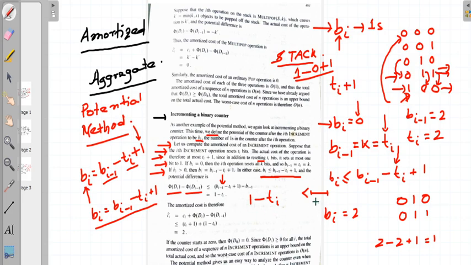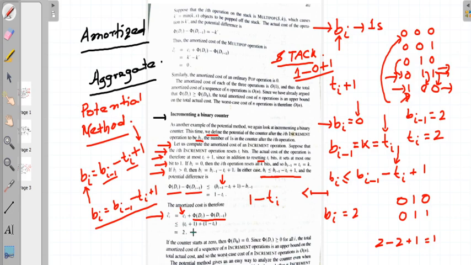Right. So now we know the amortized cost per increment operation. With this formula, there is the actual cost and the difference in potential. And what is the actual cost that we have calculated? Ti plus 1, because ti bits will be reset and 1 bit will be set.